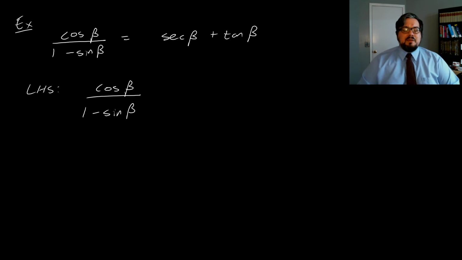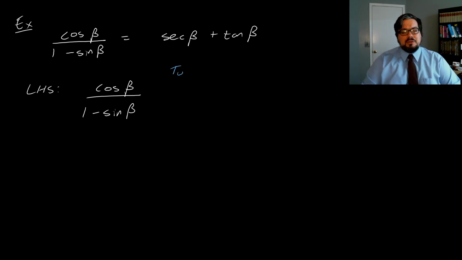There's one thing we can do when our expressions down on the bottom, especially in the denominator here, are of the form 1 minus a trig function, or a trig function minus 1. And that's to multiply by the conjugate.